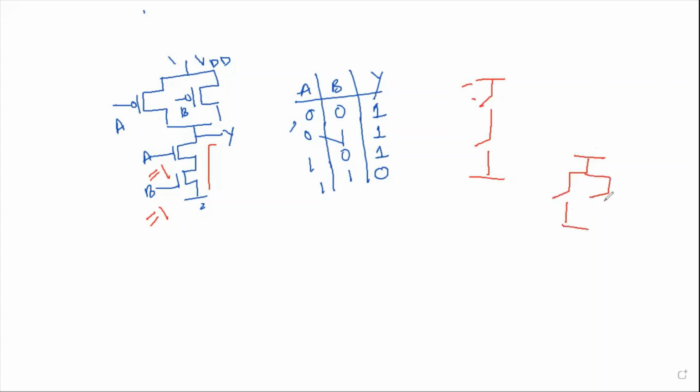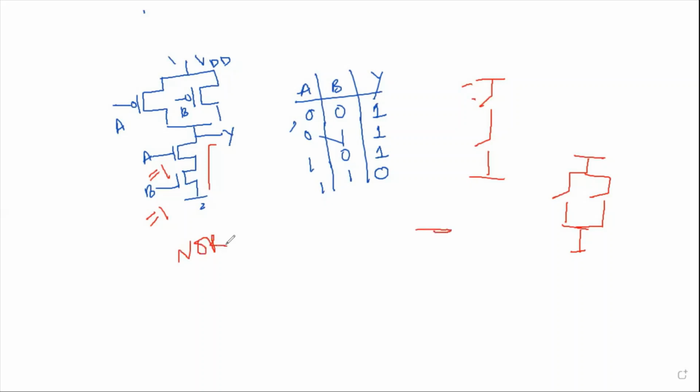So I have to decide what we have to use. Let's take the example of the NOR gate, which will just make things easier for you. So let's talk about the NOR gate now.